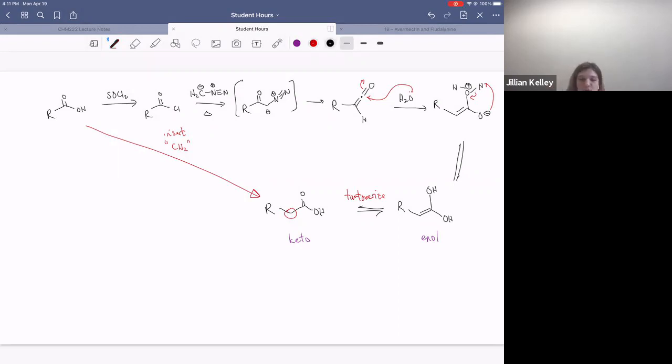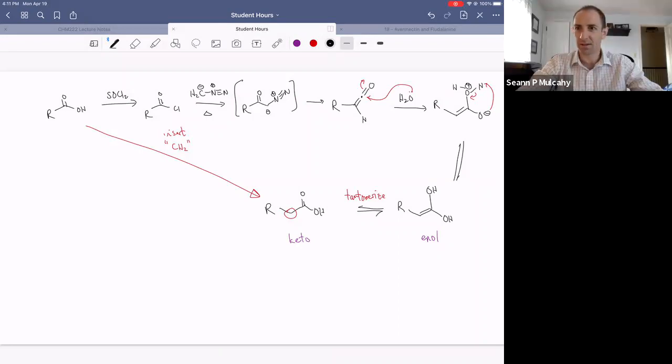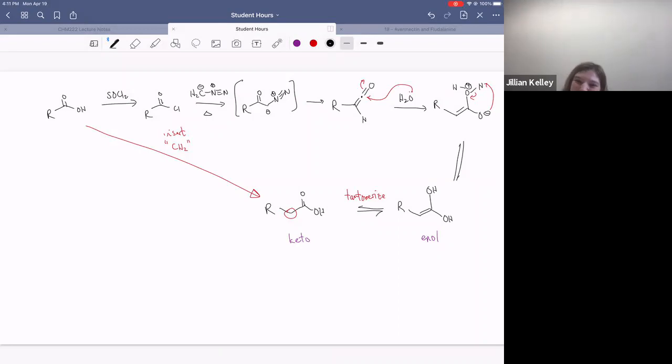Could we maybe just do another mechanism example, from one molecule to the next, and synthesis, I guess, maybe. I'm running out of examples to help you. Okay. Give me a second.